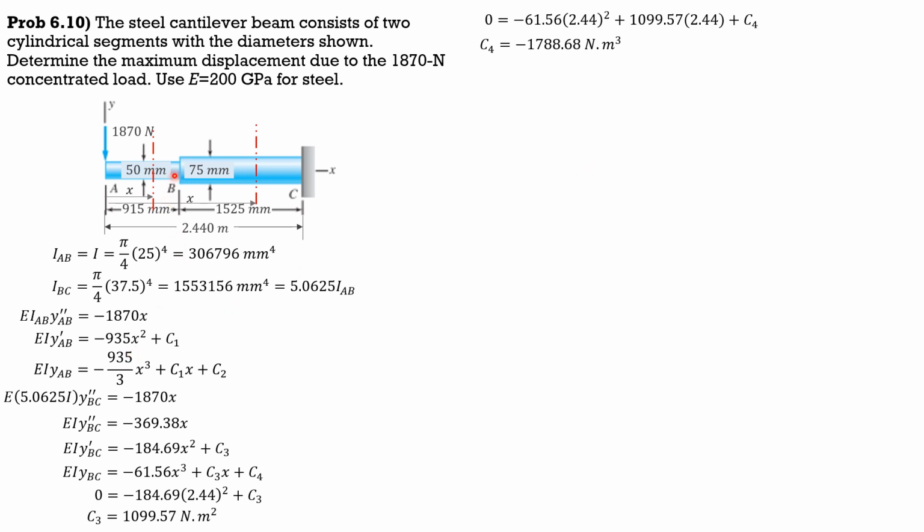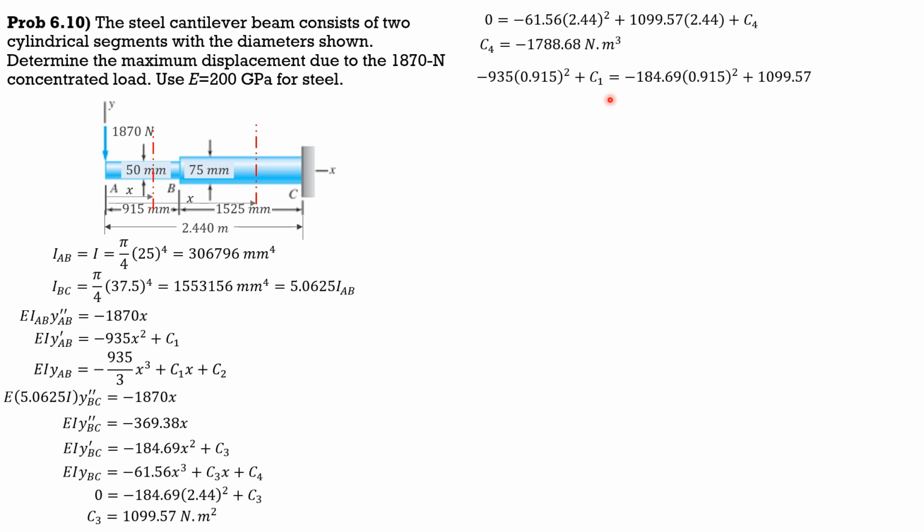Then for the common value, theta, y prime AB is also y prime BC when x is 0.915. So EI y prime AB, which is this, when x is 0.915, so negative 935 times 0.915 squared plus c sub 1 equals EI y prime BC, negative 184.69 times 0.915 squared plus c sub 3, which is 1099.57.